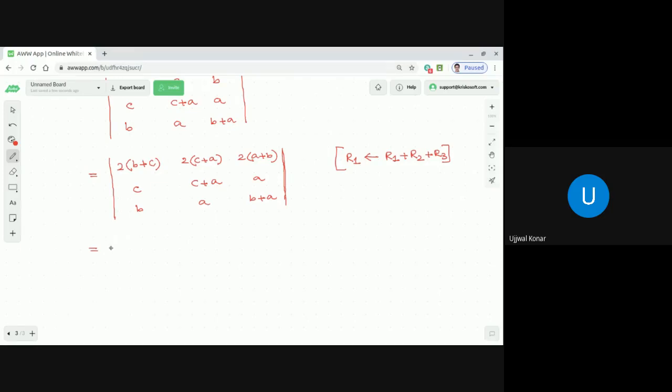So we can take 2 common. The moment we take 2 common, what we get is B plus C, C plus A, A plus B, then C, C plus A, B, A, B plus A.